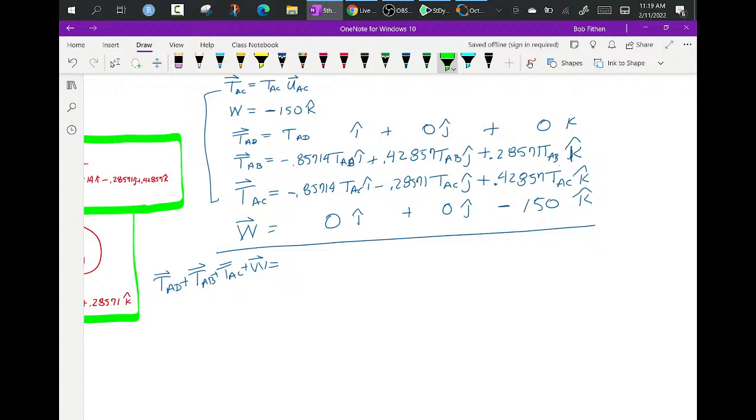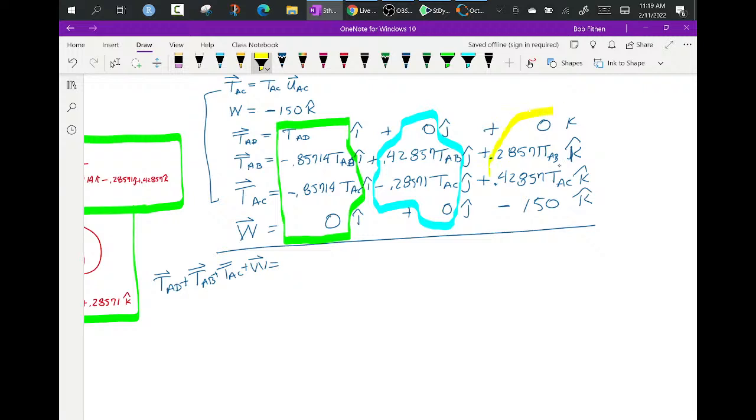Now all I'm doing is adding up this one and putting it down there, and then I'm going to add up this one and put it down for the J component.